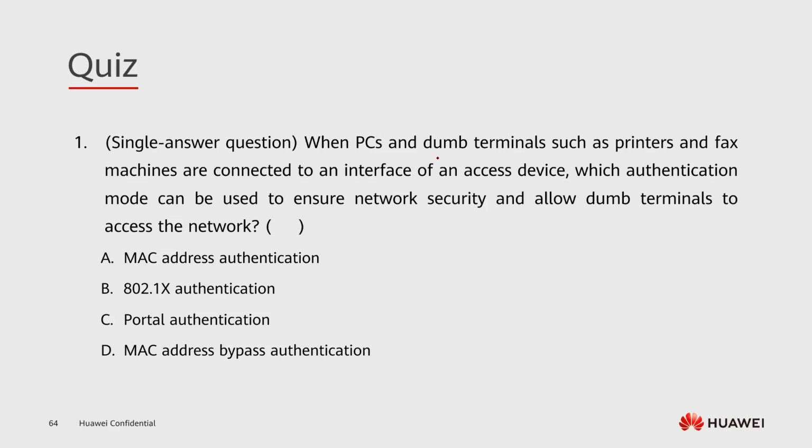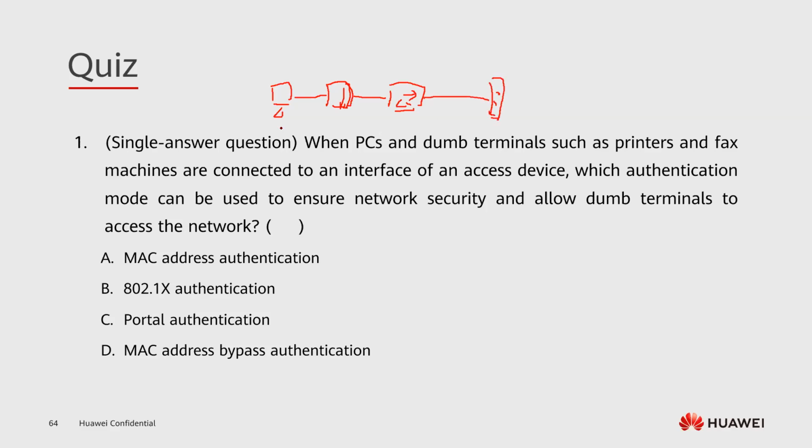First, when PCs and dumb terminals such as printers and fax machines are connected to an interface of an access device, which authentication mode can be used? It's just like this scenario. This is the PC, this is the phone, and these are switches, and a server.